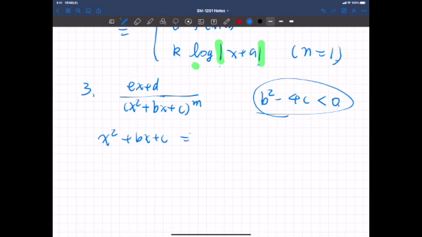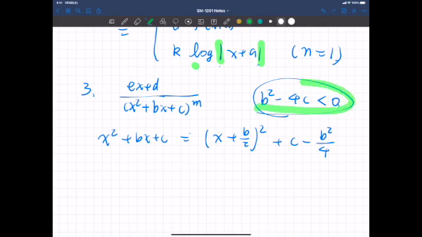If you complete the square, we have (x plus b over 2) squared, and plus c minus b squared over 4. Now, because of this condition, this part, c minus b squared over 4, is positive. Because of this, it must be positive. So we can put h equals the square root of this.